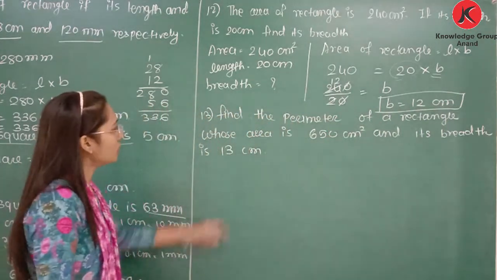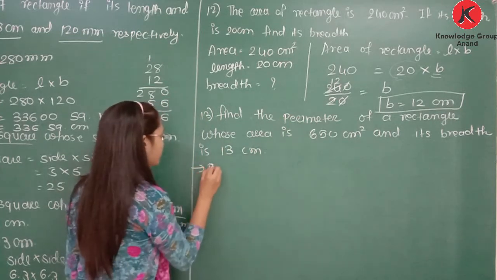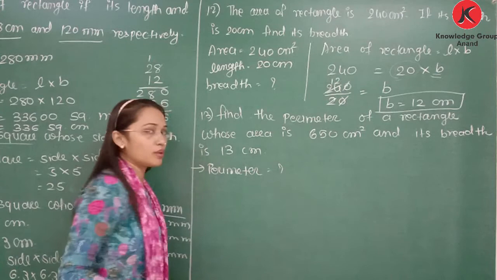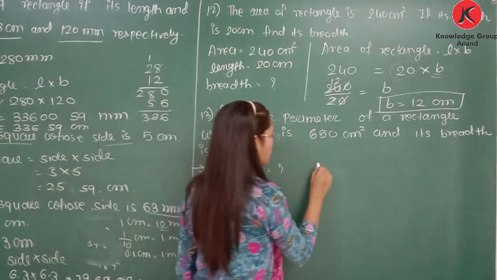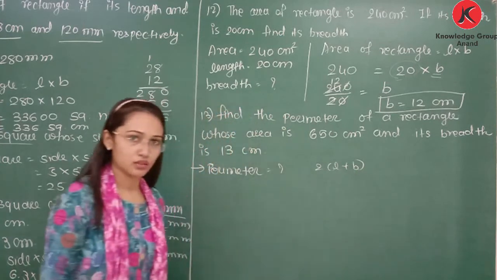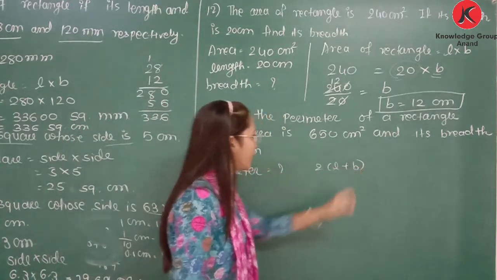Now next one. Find the perimeter of a rectangle. What we need to find? Perimeter. Now to find the perimeter of rectangle, equation is what? 2 inside the bracket L plus B, means we need the value of length and breadth.